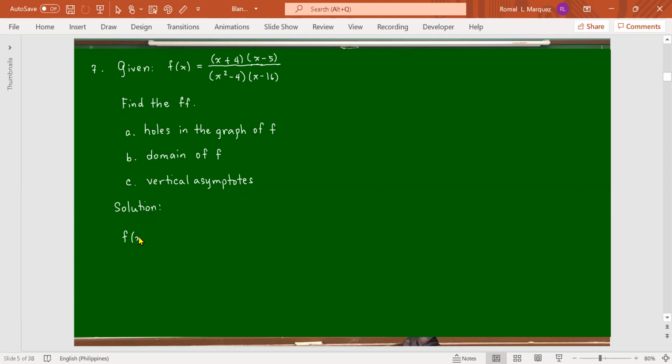So first, let us express the numerator and denominator in factored form. The numerator has no problem anymore because it is already in factored form. What about the denominator? I'm sorry, this is supposed to be x squared minus 16. So what's the factored form? x plus 4, x minus 4.